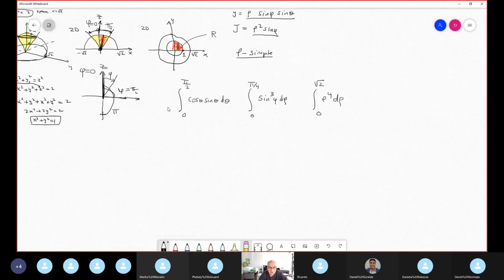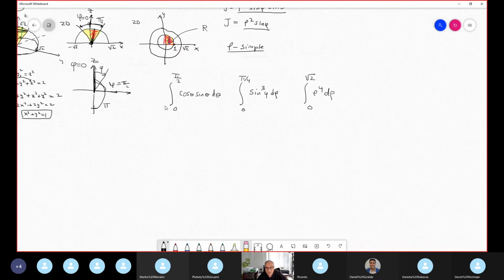The easy one is the rho part. So I copy. Integral from 0 to radical 2 of rho to the 4 d rho. Well, the antiderivative is rho to the fifth power divided by 5, no? Evaluated between 0 and radical 2. So radical 2 raised to the fifth power divided by 5.